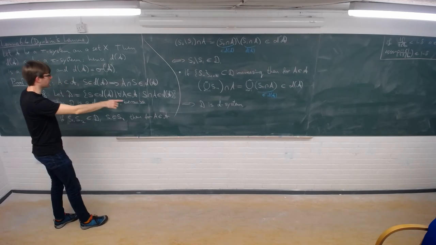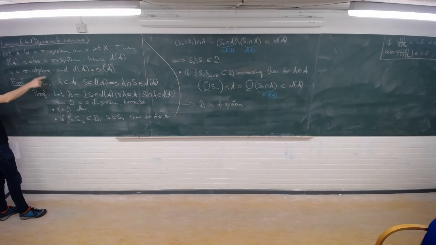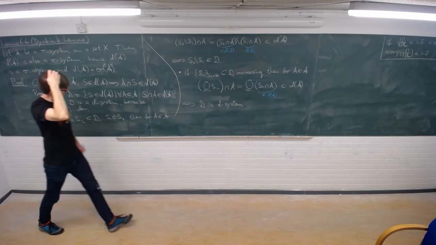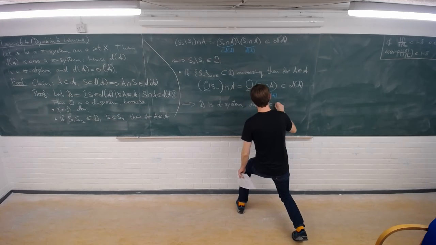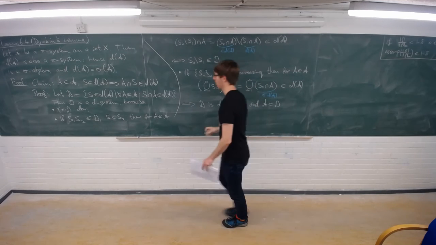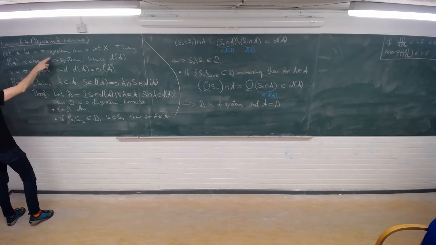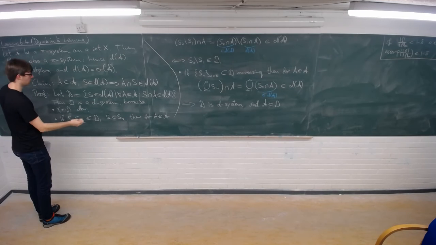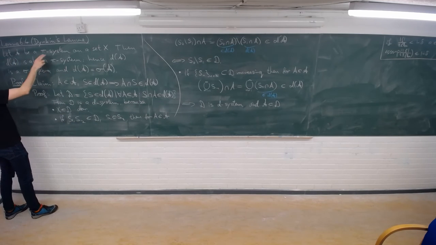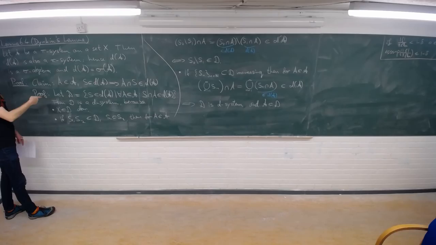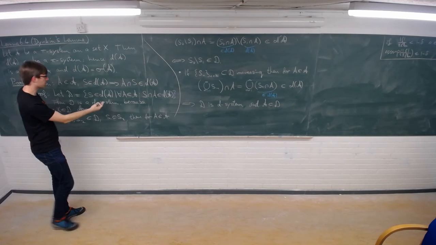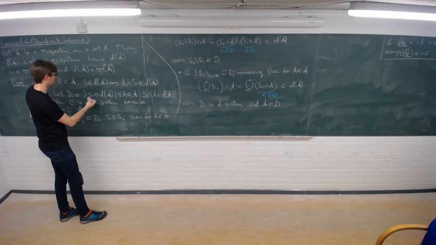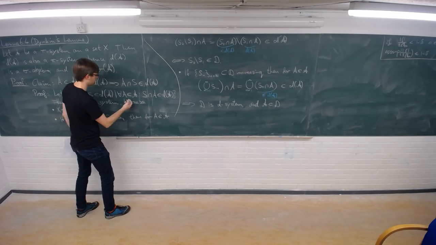So, in particular, A is a subset of D. Right? A is a pi system, so this means if you take an element of A and take the intersection with another element of A, then that's in A again.